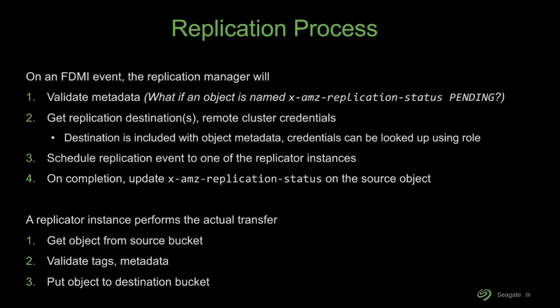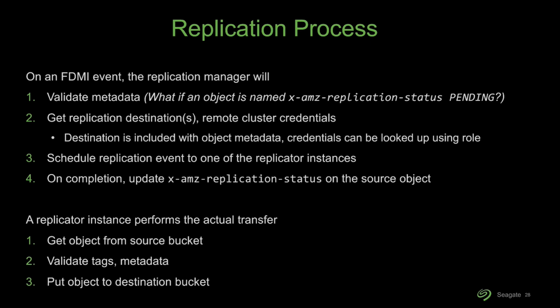We'll get any destination information, remote cluster credentials, and then we will send that replication event to one of the instances. And then once that's scheduled, it'll start executing. We'll hear back from the replicator, and then once everything's done, we update the replication status to either completed or failed on the source object.